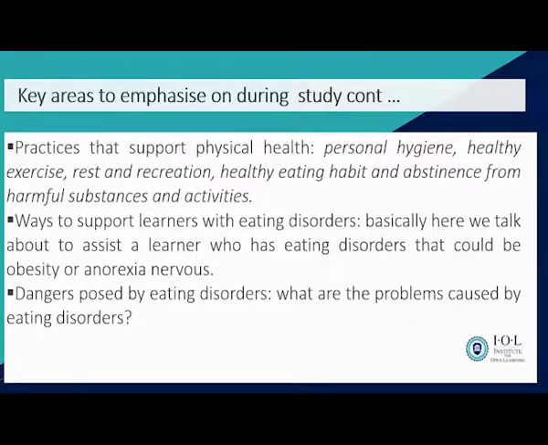So what are the dangers posed by eating disorders? And what are the problems caused by the eating disorders? Right, the danger and the problems. So we are looking at both, being it obesity where a child eats more, and anorexia where the child eats less or the child doesn't eat at all. So both bring a child to sickness, and this is being discouraged. So the child needs to eat healthy food, and the child needs to eat during the appropriate time.